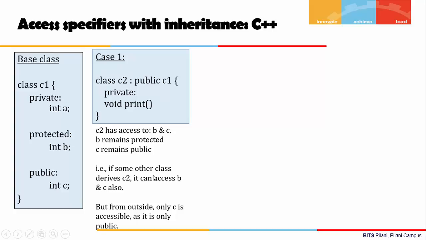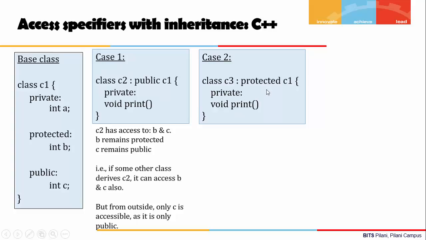So if some other class derives C2, it can also access B and C. But from external functions outside, only C is accessible as only that is public. From any external, it is only C which can be accessed, but from inside this class, both B and C are accessible. Another case where we use protected access specifier.